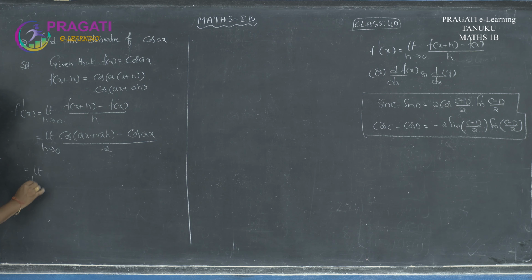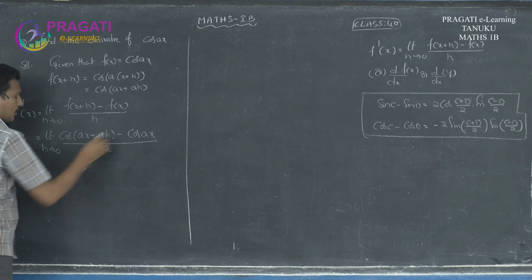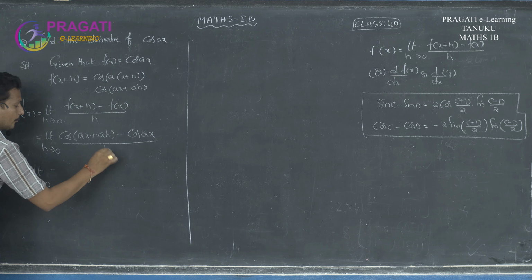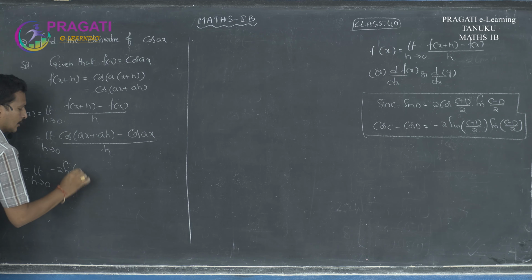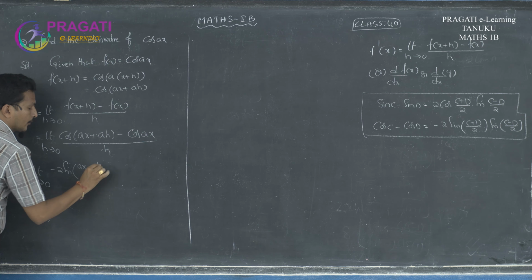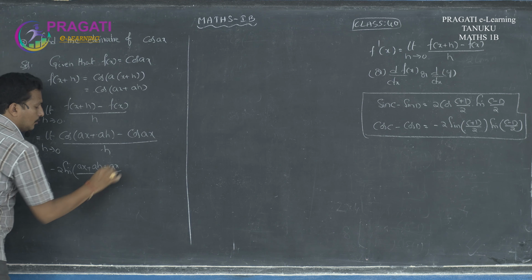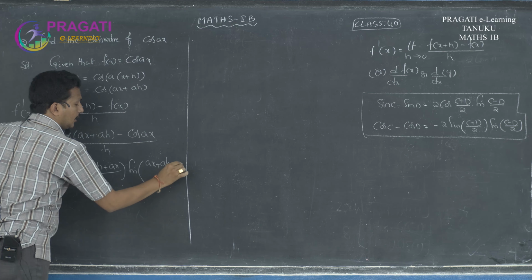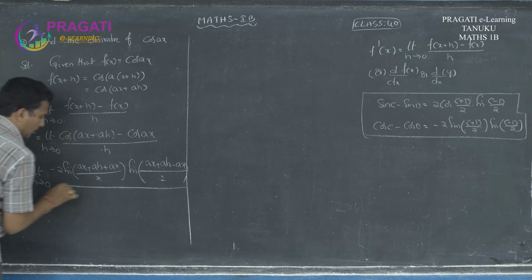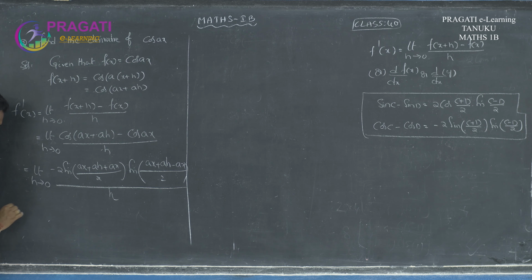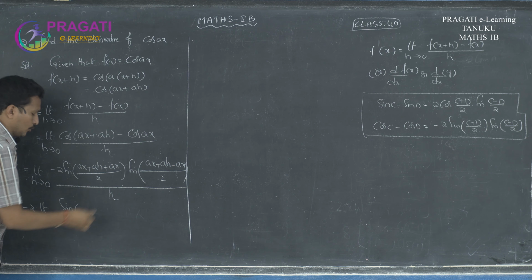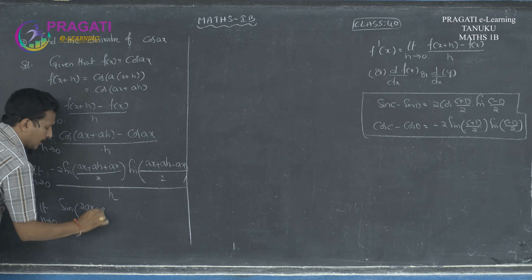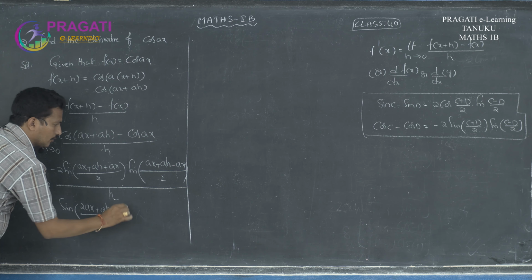Here limit h tends to 0 of minus 2 sin of (c plus d) by 2 into sin of (c minus d) by 2, whole by h. Here minus 2 is a constant, so write it in front. Limit h tends to 0 of sin of (ax plus ax plus ah) by 2, which is (2ax plus ah) by 2, into sin.